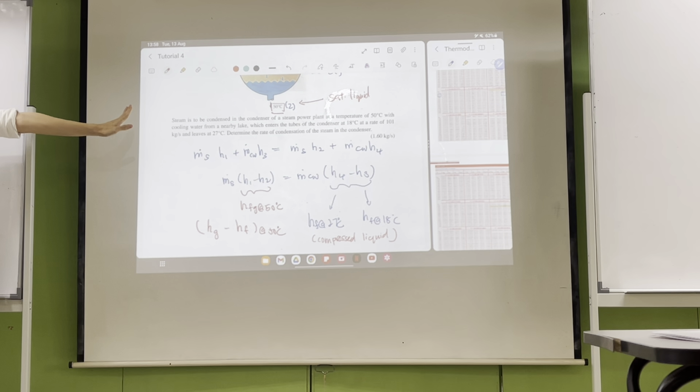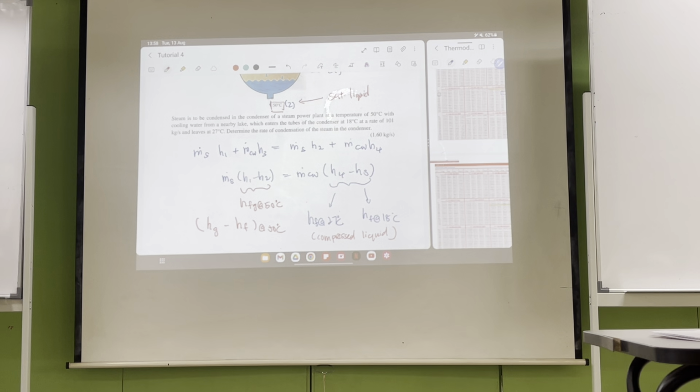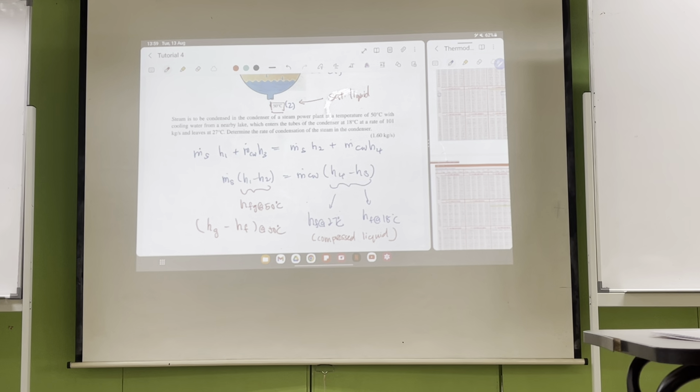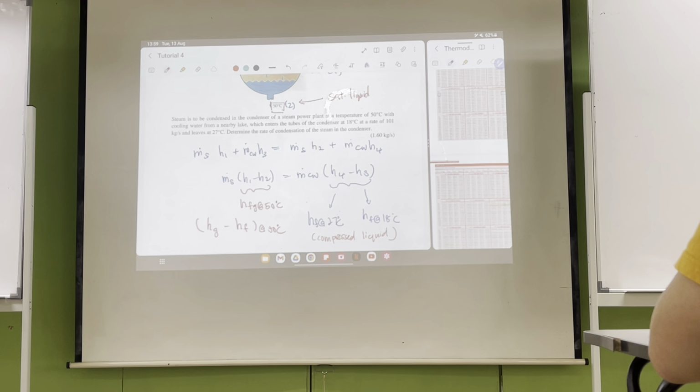It goes in as saturated vapor, comes out as saturated liquid. This example is intentionally tricky for that part. It requires you to understand what is happening over there.